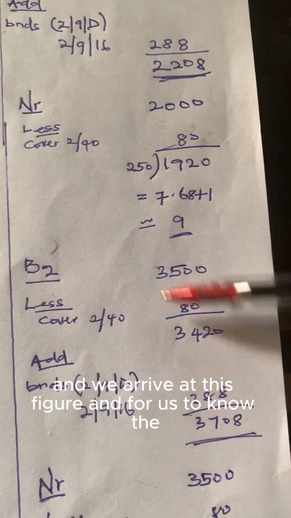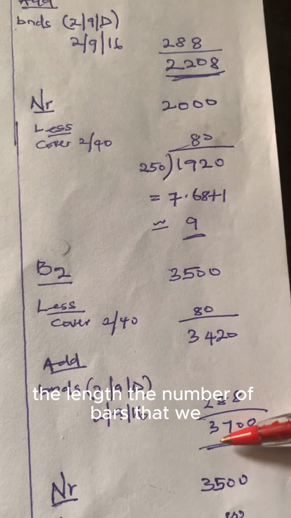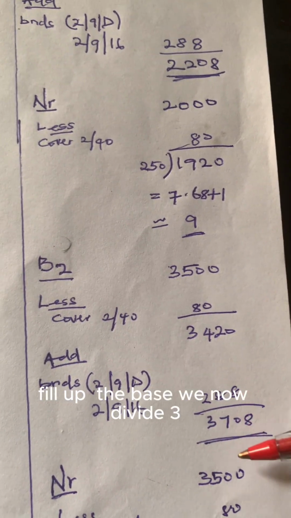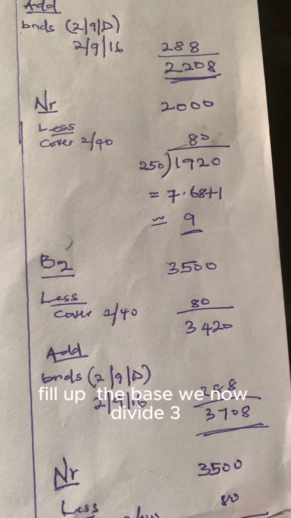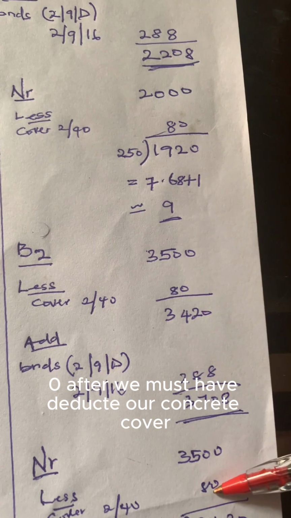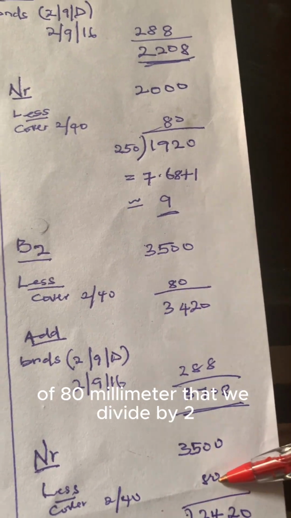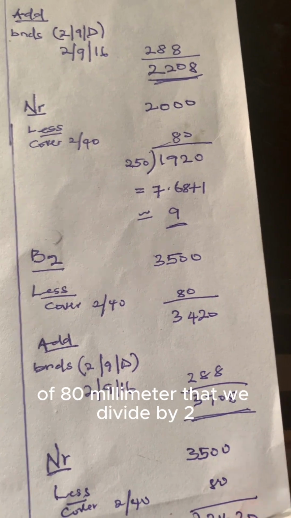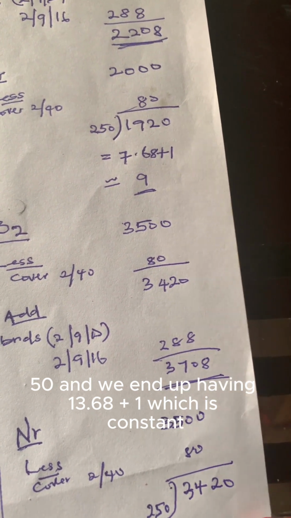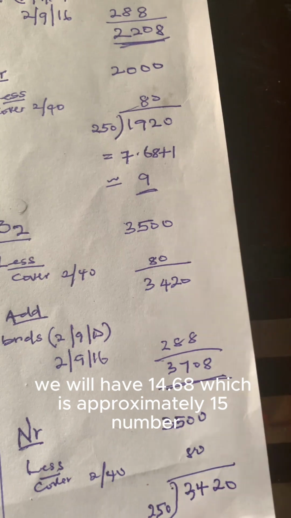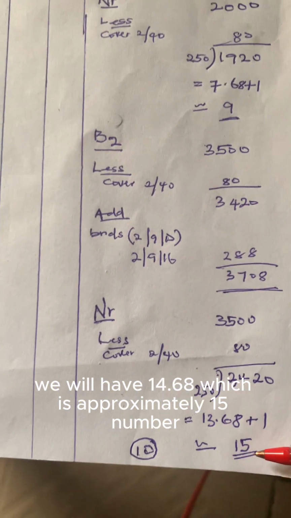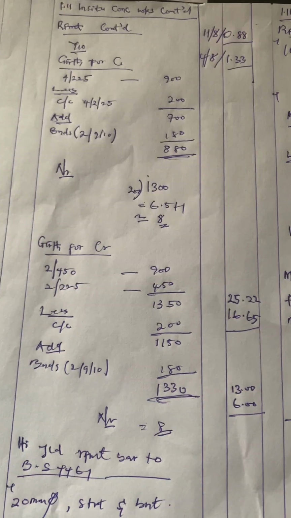And for us to know the number of bars that fill up the base, we divide 3420, after we must have deducted our concrete cover of 80 millimeter, by 250, and we end up having 13.68 plus 1, which is constant. We will have 14.68, which is approximately 15 numbers.